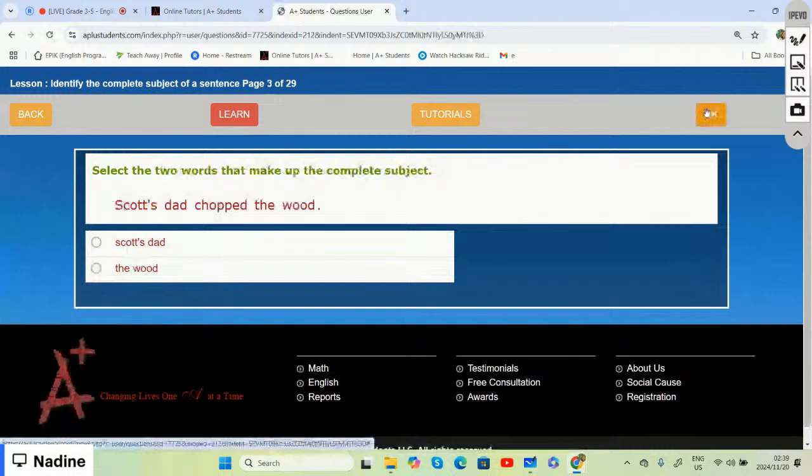The next one says Scott's dad chopped the wood. We now need to select two words that make up a complete subject. Option one, Scott's dad, or option two, the wood.